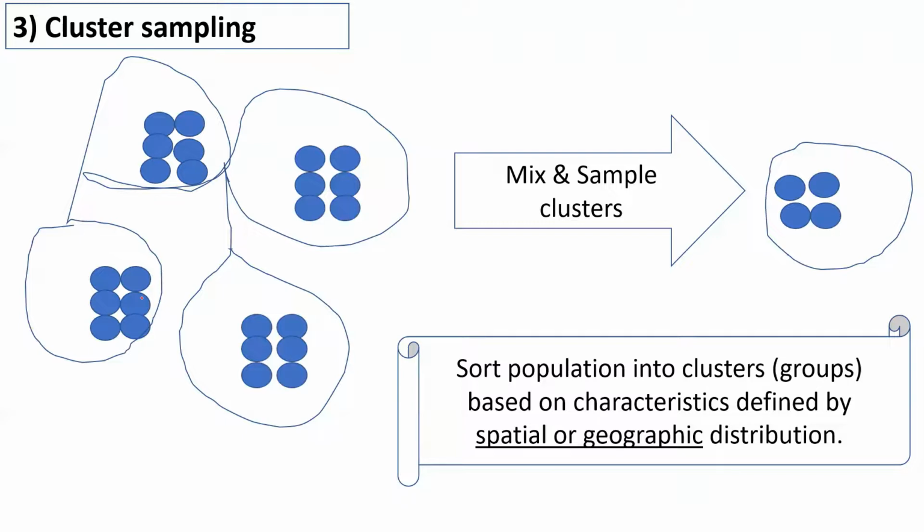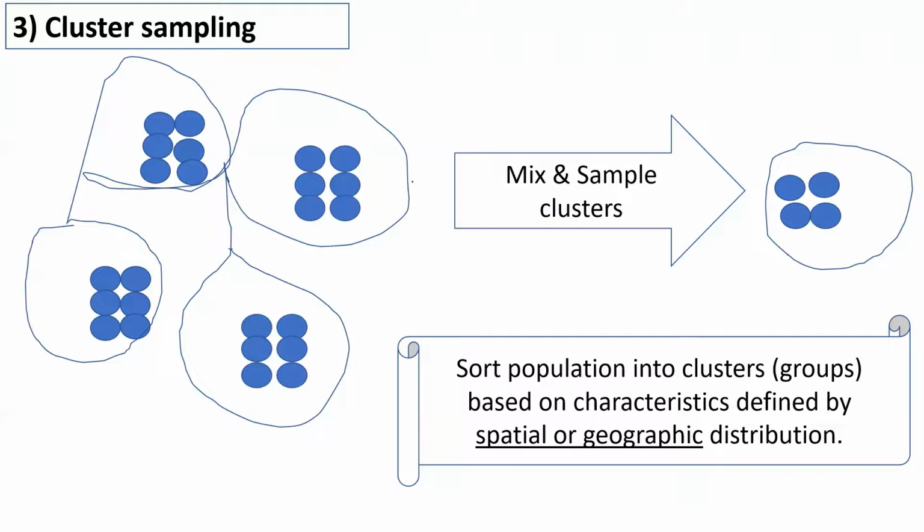So you want to map certain geographical areas, because all those animals living in a particular geographical area behave in a certain way that is defined by their location. So that's why we do cluster sampling. So I have my clusters.